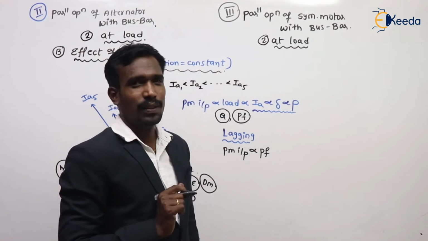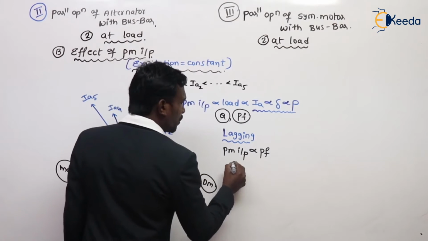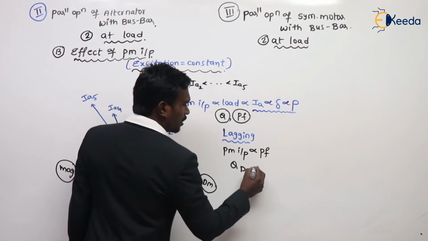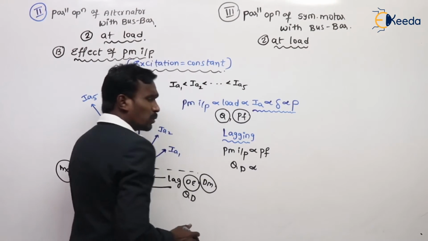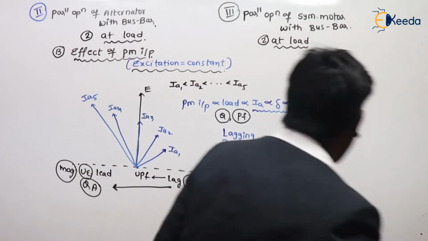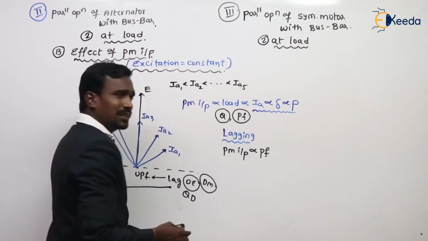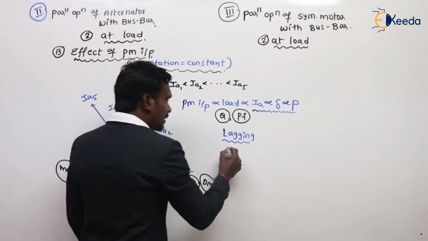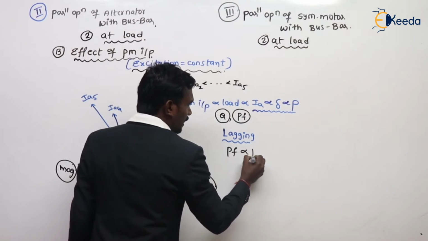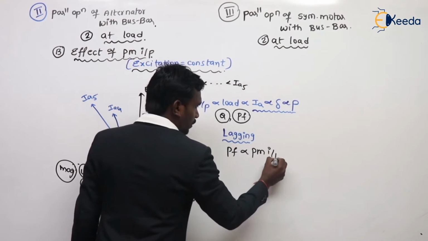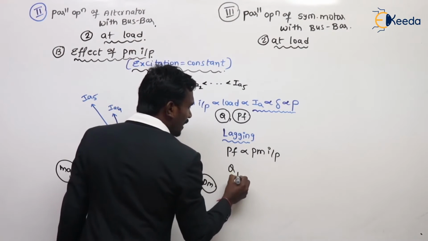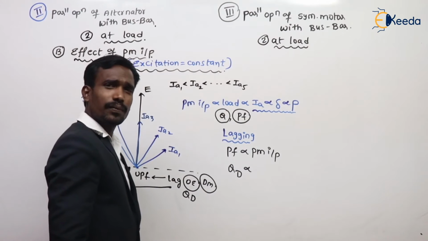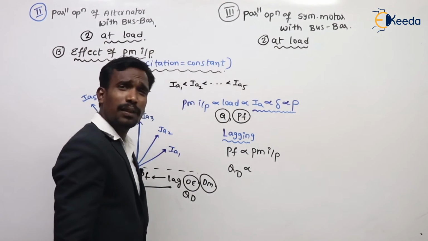First thing. What happened to reactive power? What is reactive power for lagging? Q delivered. So what happened to reactive power when the prime mover input increases?